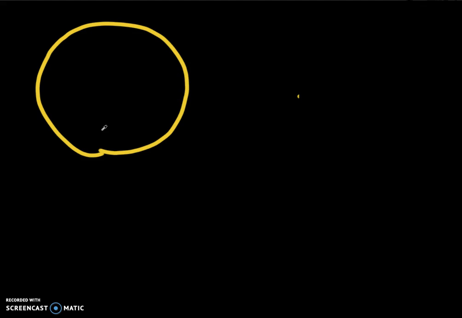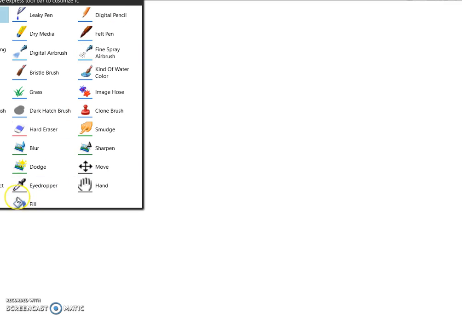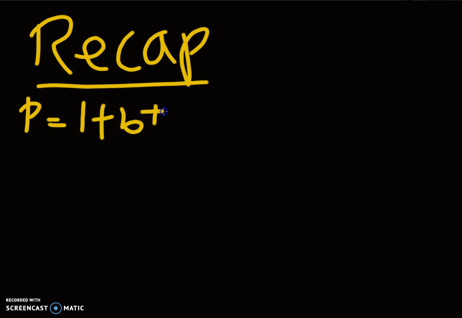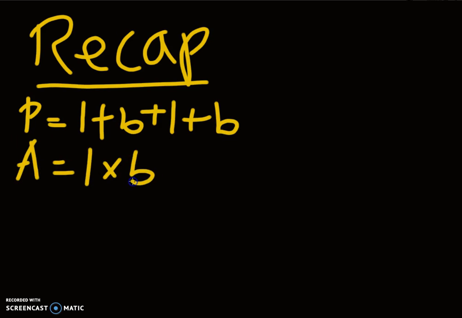Parts of the circle. Now, before we finish, I would like to recap everything we've learned today, so that you guys don't forget. Recap. Okay. In a shape, perimeter, any shape, length plus breadth plus length plus breadth. That's for a quadrilateral. Area, length times breadth.